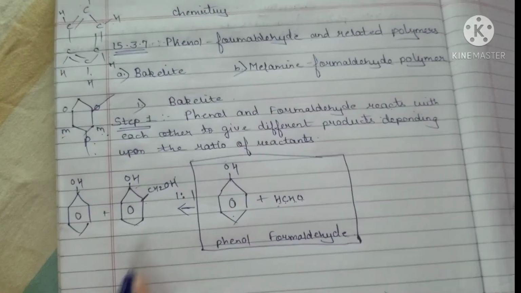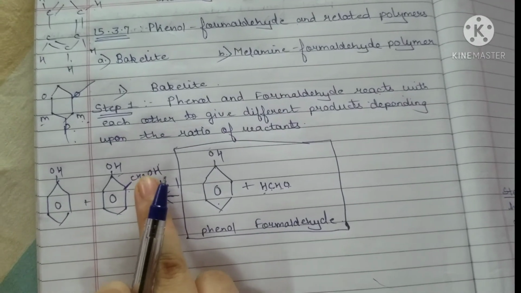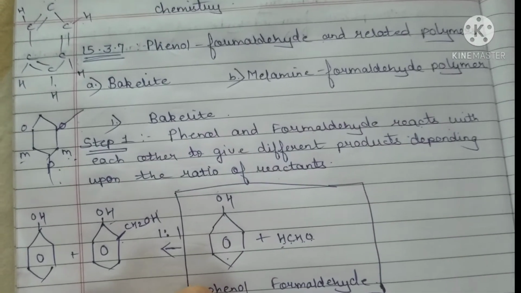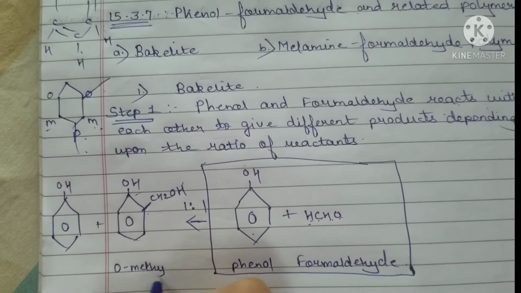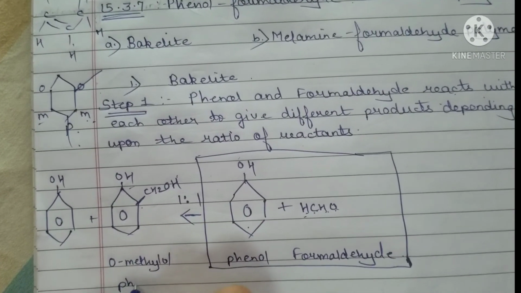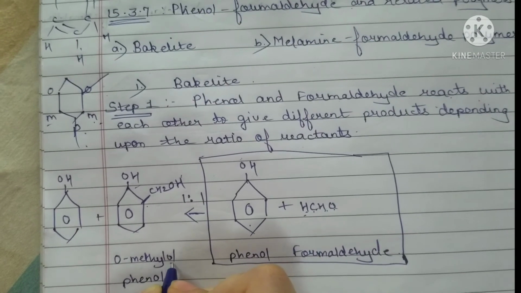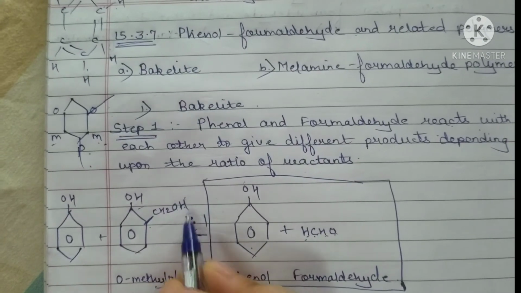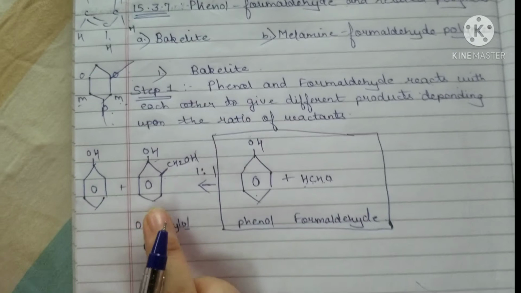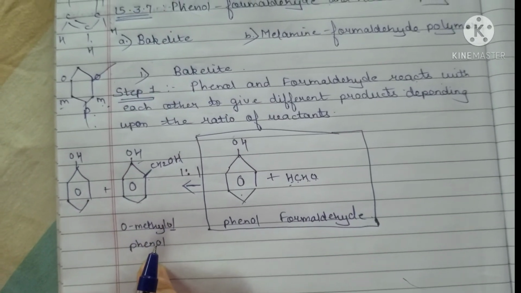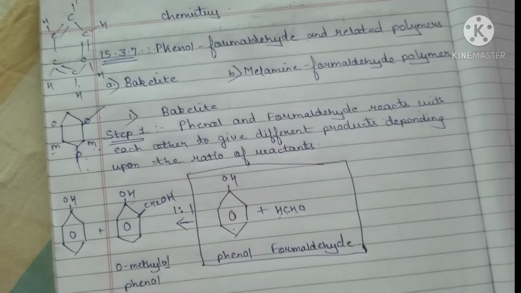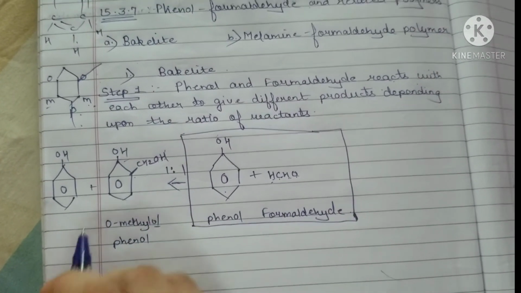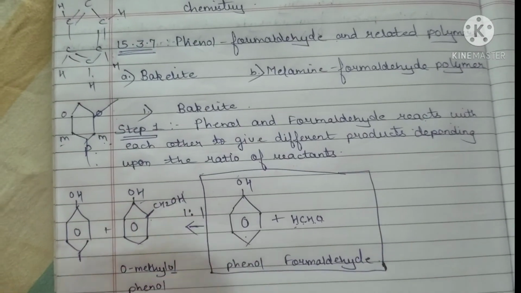Now because this is present on the ortho position, this is called o-methylol phenol. Why ol here? Because you have your OH group, that is an alcohol group. So this is one product that you are going to get. The next product is where the same formaldehyde group goes and attacks the para position, not the meta position but the para position.